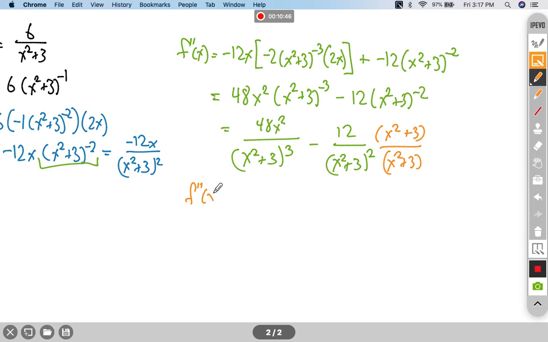So I get the second derivative equals 48x squared minus 12x squared minus 36, all over (x squared plus 3) to the third power.